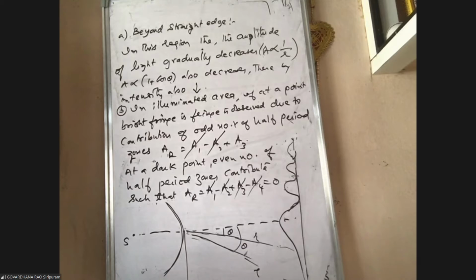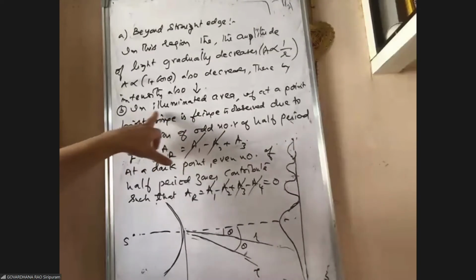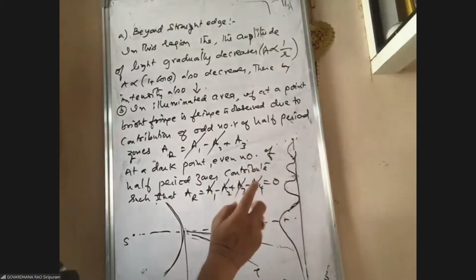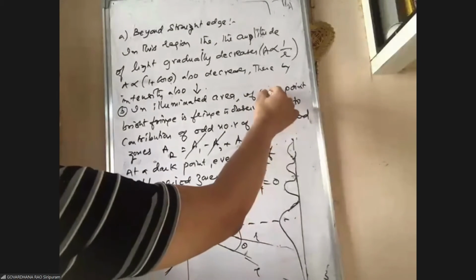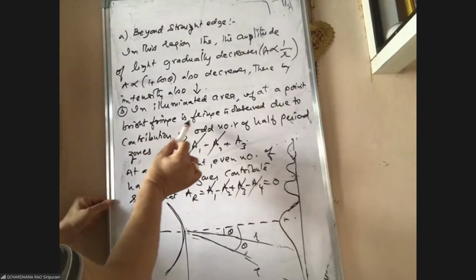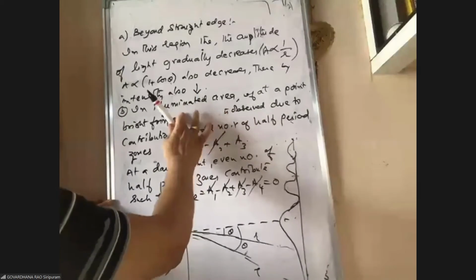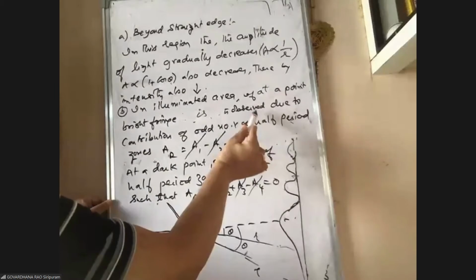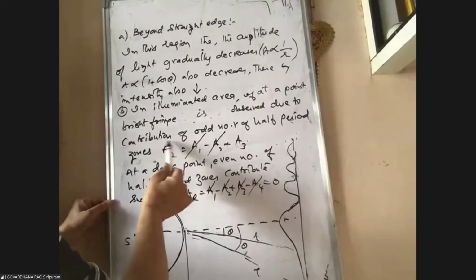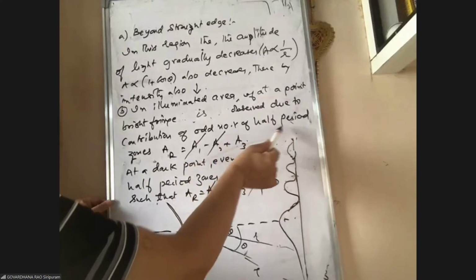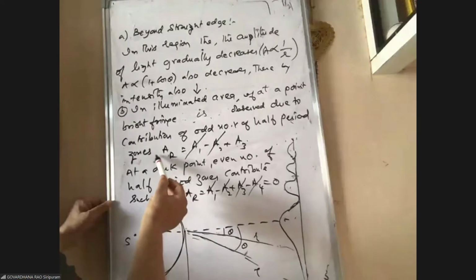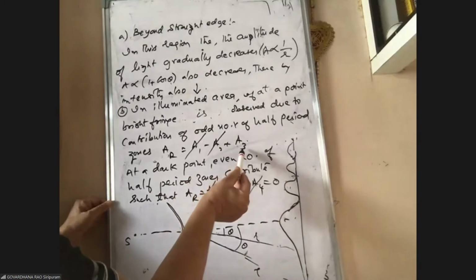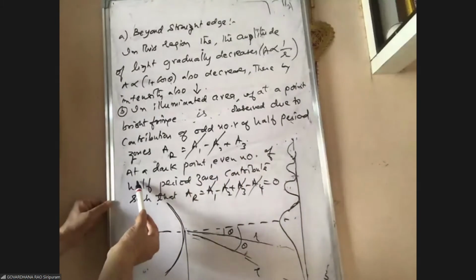In the illuminated area, if at a point bright fringe is observed, it is due to contribution of odd number of half period zones. Odd means A1 minus A2 plus A3: these two cancel, this remains.